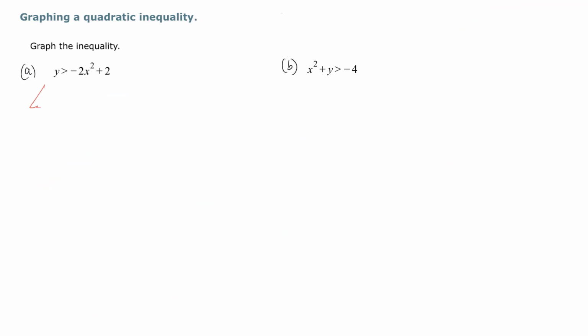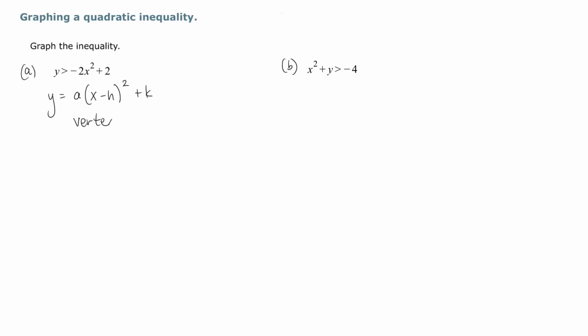Let's graph the inequality. These are actually quadratic inequalities, and so we are going to need to have a graphing form of a parabola. We're going to use this one: y equals a times x minus h quantity squared plus k, where we know the vertex.